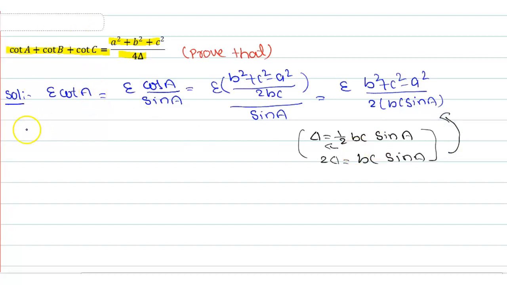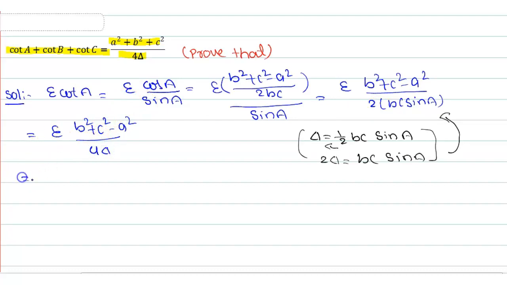So now this is equal to summation b square plus c square minus a square by bc sin A. I can replace that with 2 delta. So 2 into 2 delta goes to 4 delta.